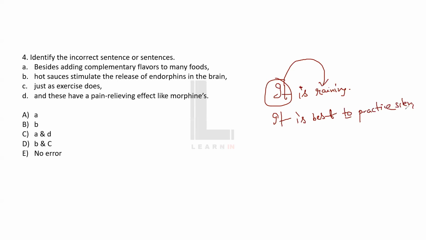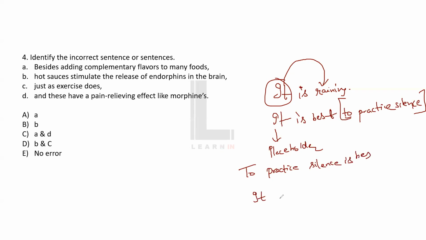Okay, what does it talk about here? इसको बोलते हैं placeholder pronoun. This is a placeholder, right? To practice silence. We could have written this sentence also like this: to practice silence. Silence is best.